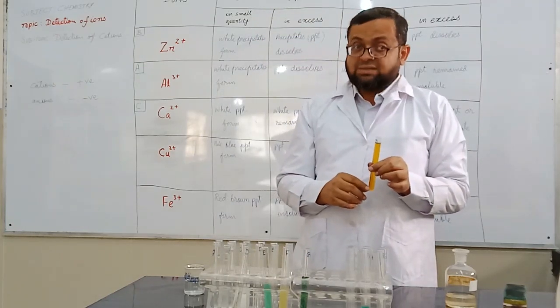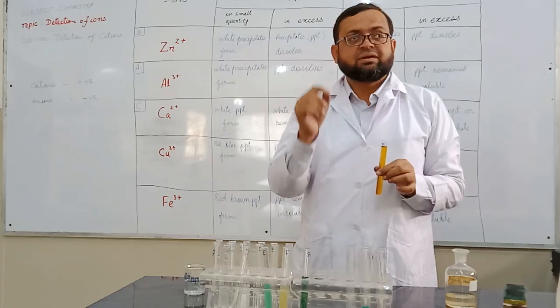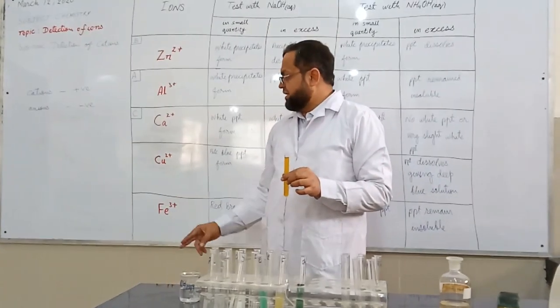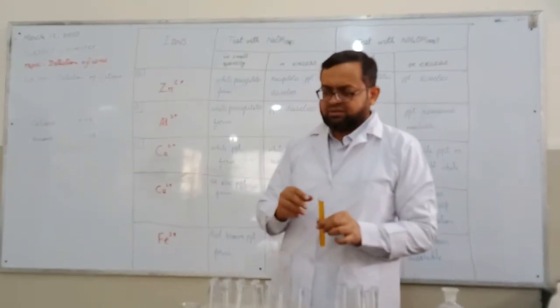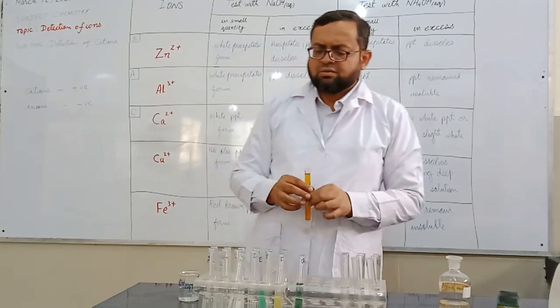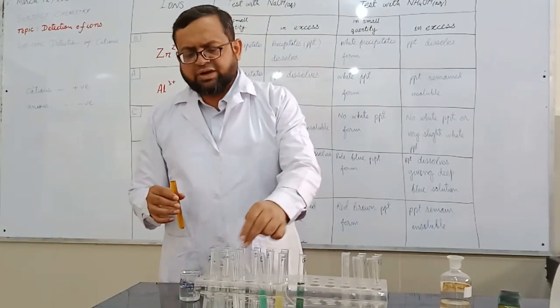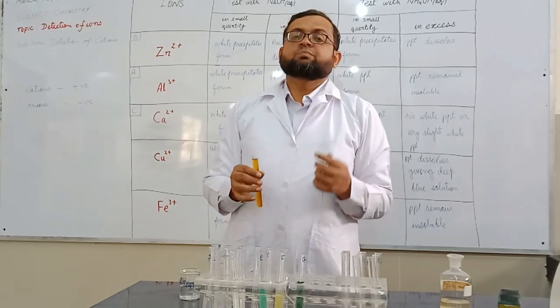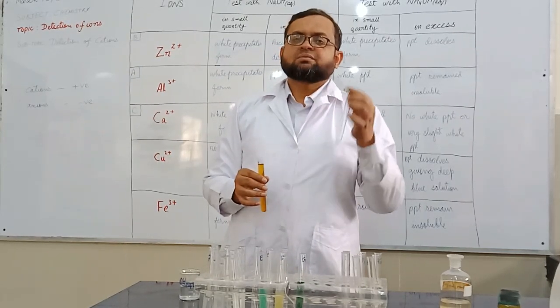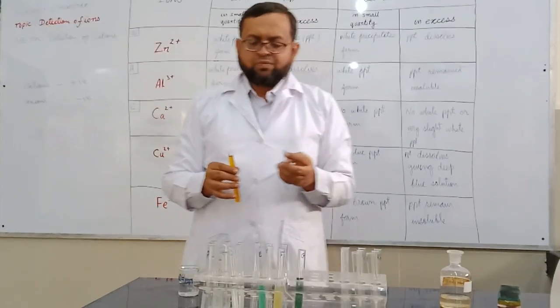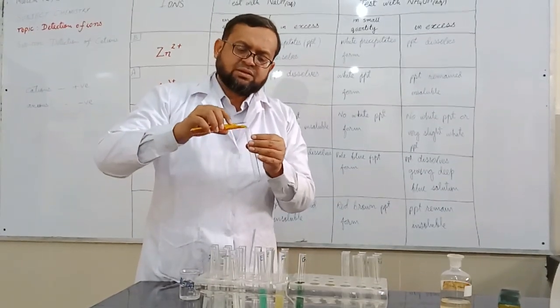It means the ions are from a transition metal. Iron is one of the transition metals, copper is another, so it might be copper. In colored ions it is easy to identify just by observing the color, but in chemistry we must check it by some chemical test. So we perform the same test.